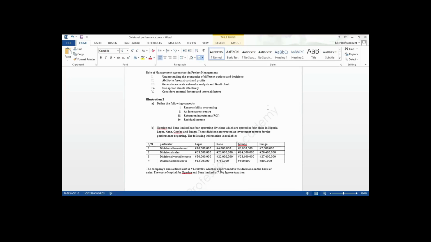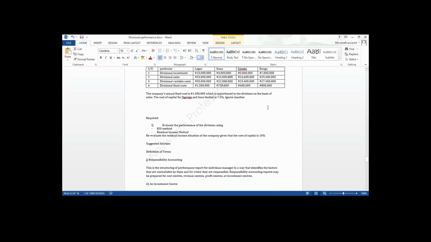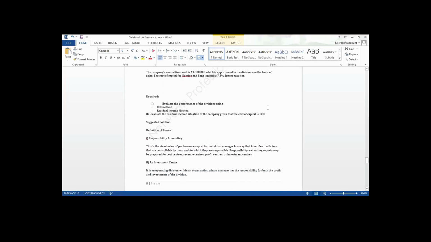Look at it now. We have like 6 subjects in skill level. But for PM, responsibility center, so responsibility accounting. This is the structuring of performance report for individual managers in a way that identifies factors that are controlled by them.